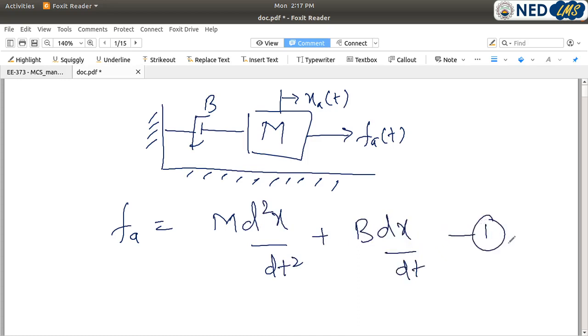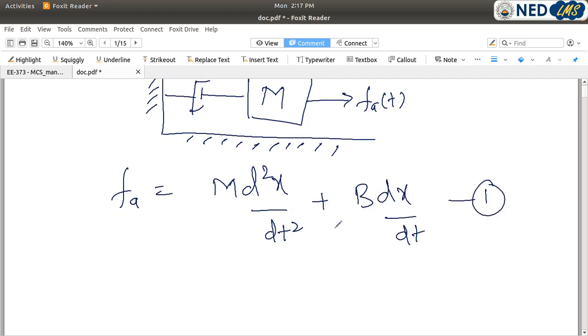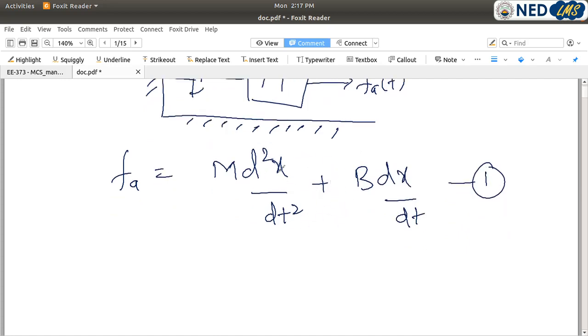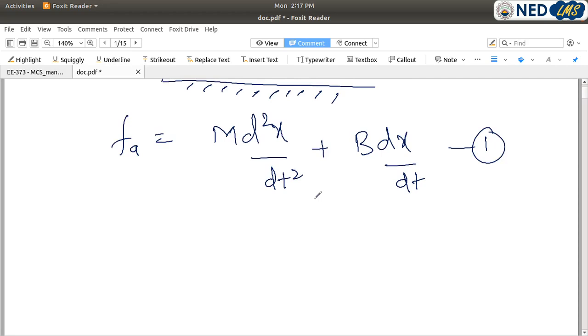Equation 1. Now this system or equation looks second order, but I can choose velocity instead of displacement to make it first order.